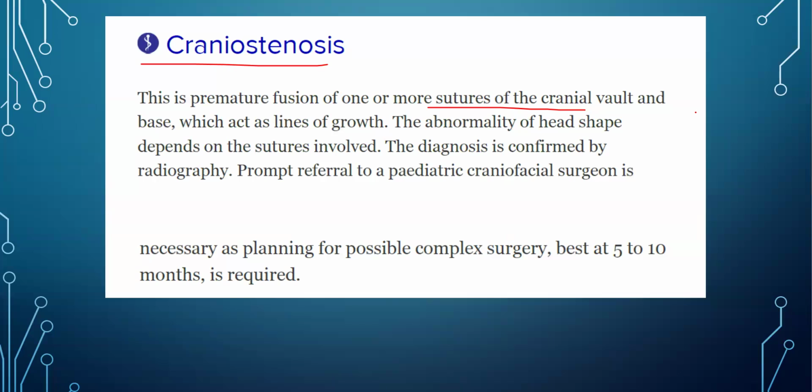But if it happens earlier, if there is a premature fusion of the sutures, then the head cannot get bigger, and it can cause abnormality of the head shape. So, premature fusion of the sutures of the head.